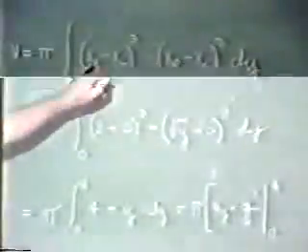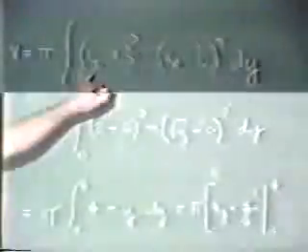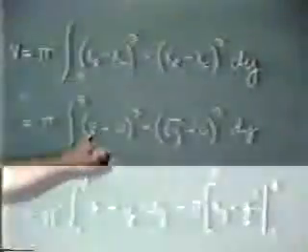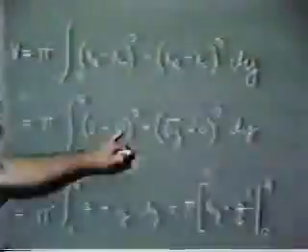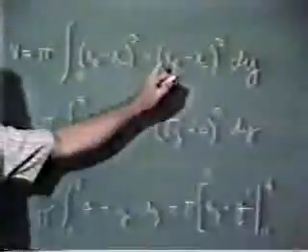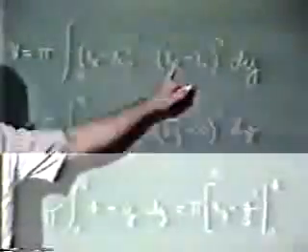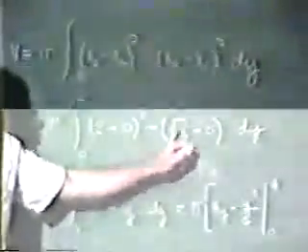Now, you can look at the figure as I point here. What is the outside radius? Looking on your paper now, for the outside radius, x right is 2, x left is 0, squared. For the inside radius, x right is the square root of y, x left is 0.